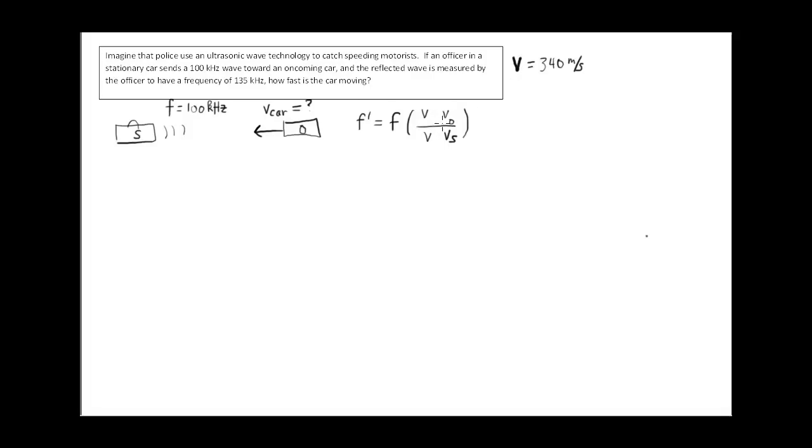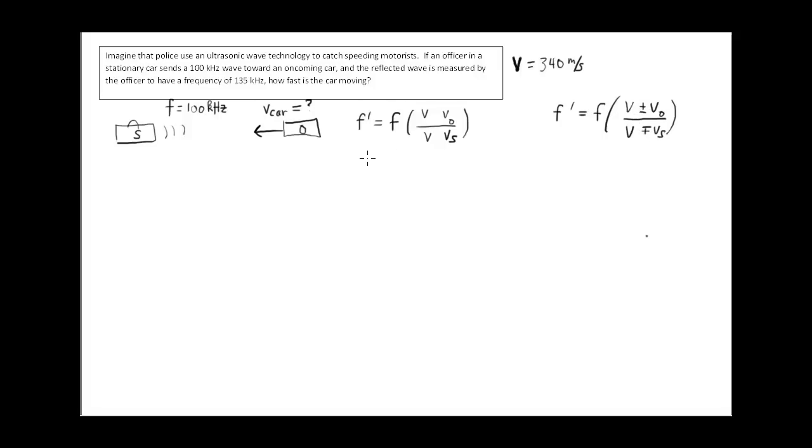The important thing here is to remember that the general equation looks like this: f prime is f times v plus or minus VO, over v minus or plus vs. And the key is that the upper sign is used if the motion is toward, and the lower sign is used if the motion is away.